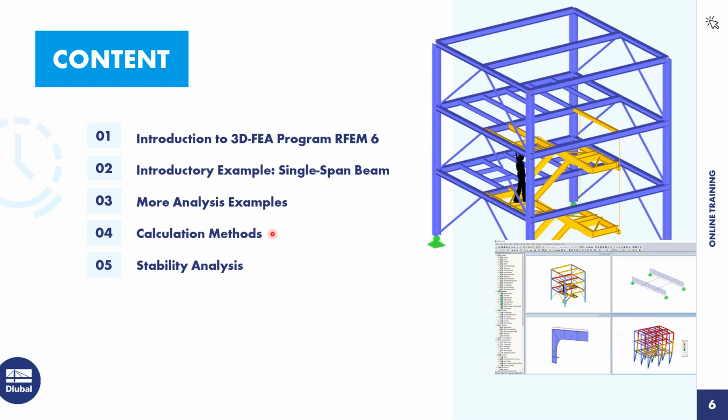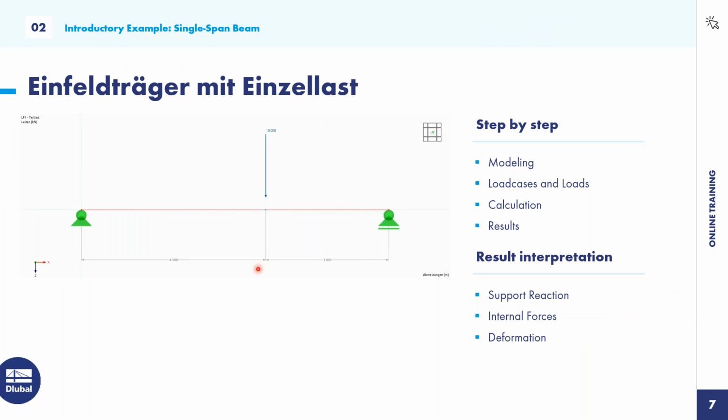Then I will give you a short overview about calculation methods, first-order and second-order theory analysis. And then finally, also a short introduction to the stability analysis. Okay, so this will be our first example. It is a single beam with a single load, quite an easy example, and we will do these steps here.